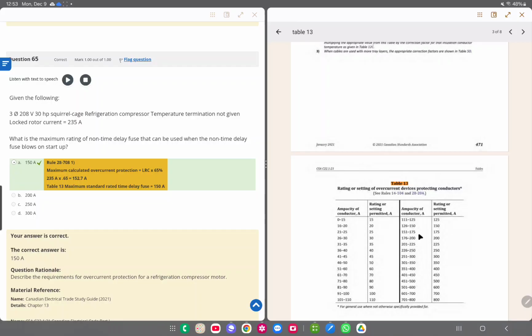So we got 151 to 175. We sized down because it is hermetic, and we got 150.